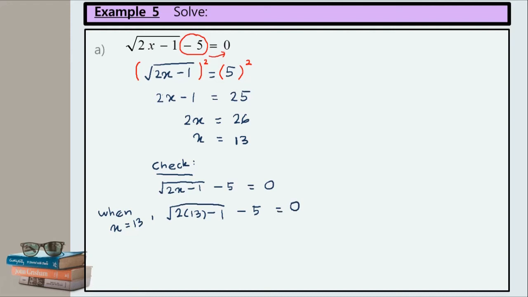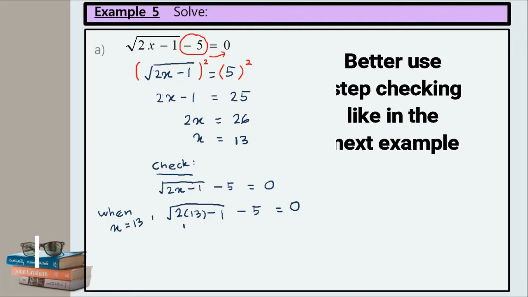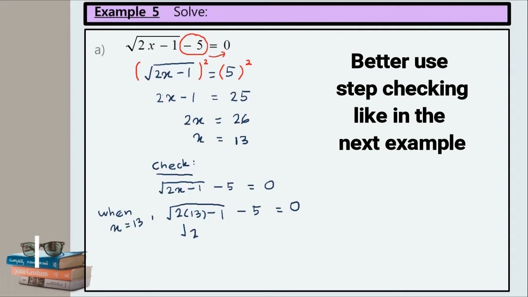Okay, actually the way to check, macam-macam style kita boleh tulis. Okay, so ni one of the way kita nak tulis kita punya check. Okay, surd 2 times 13, 26 minus 1 minus 5. Okay, kita nak tengok sama ada betul tak dia equal to 0.